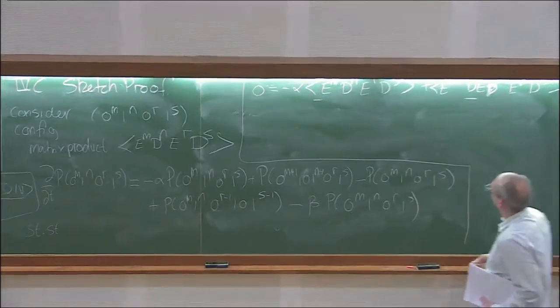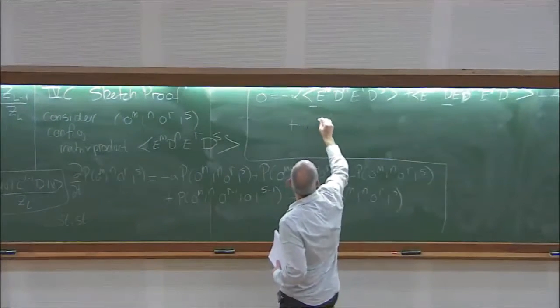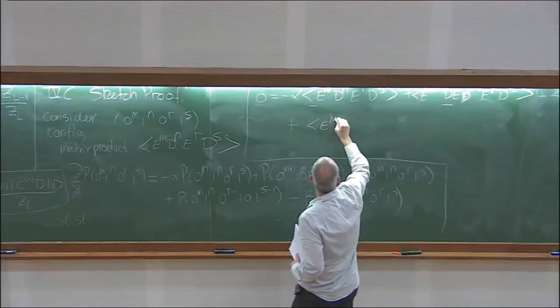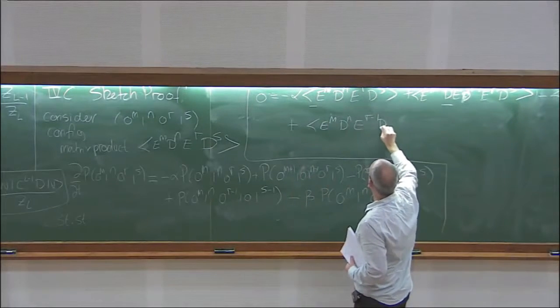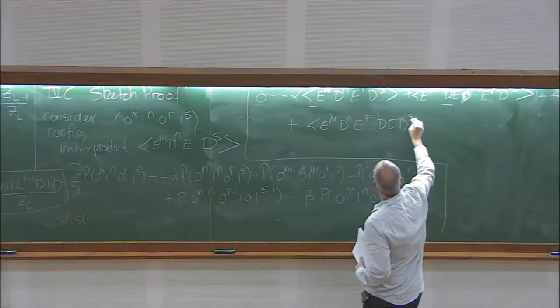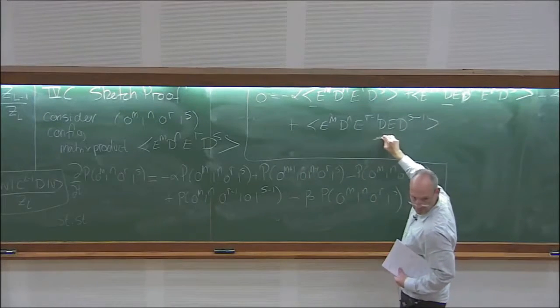And plus E^m D^n E^(r minus 1) D E D^(s minus 1). And that's from this one going forward.